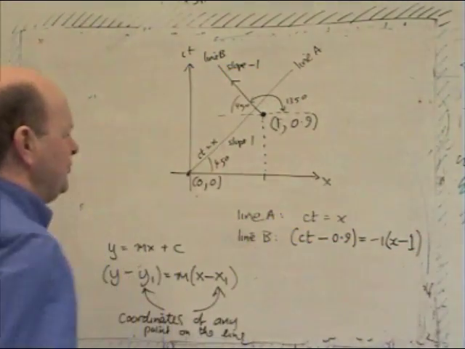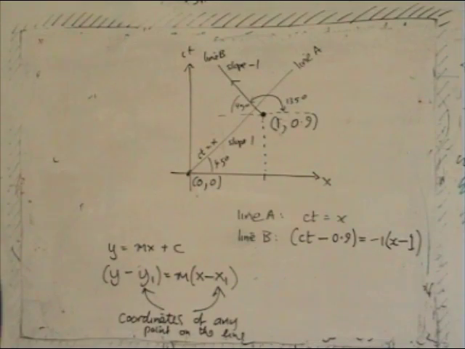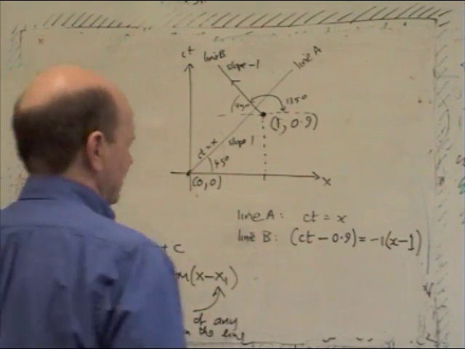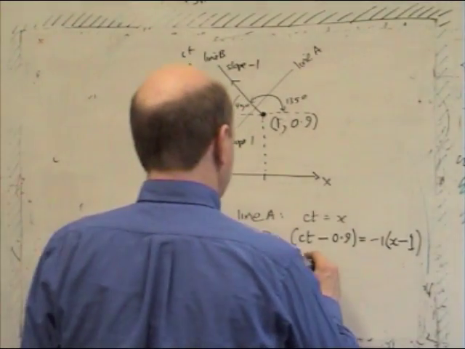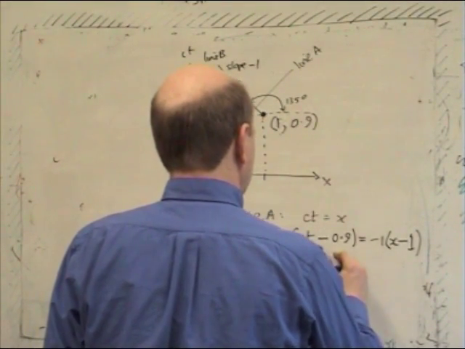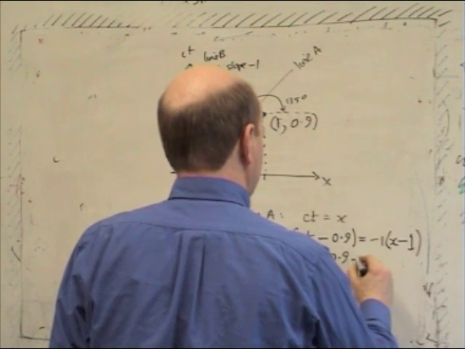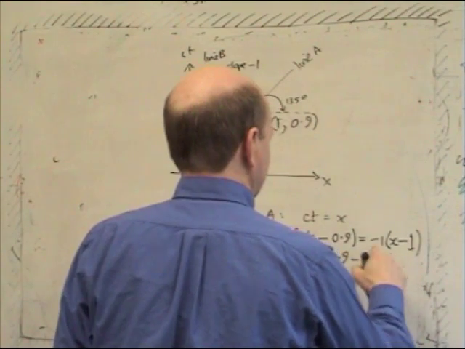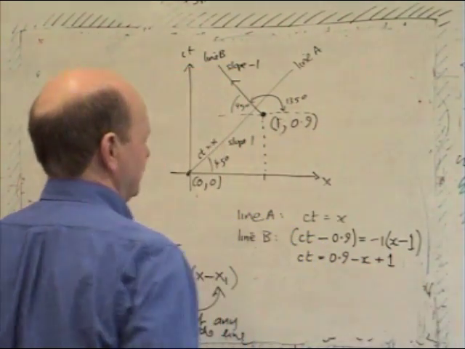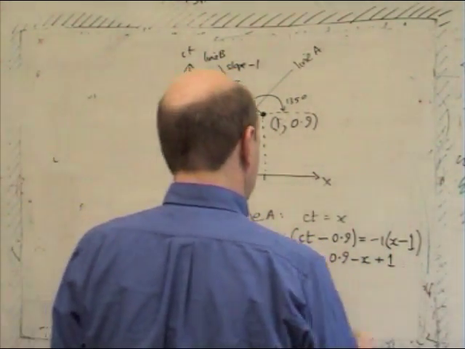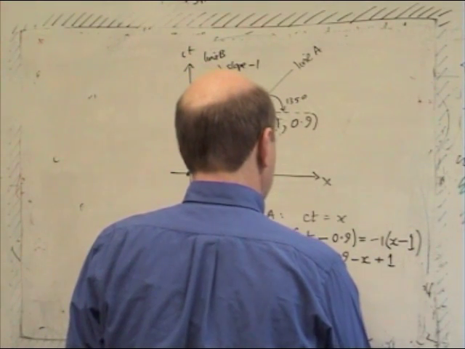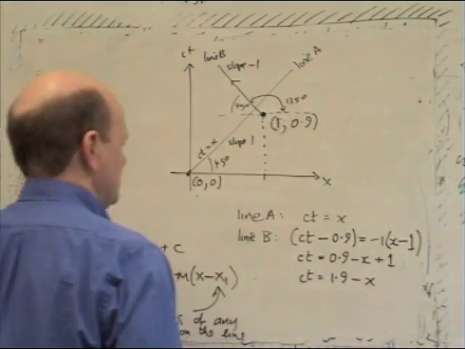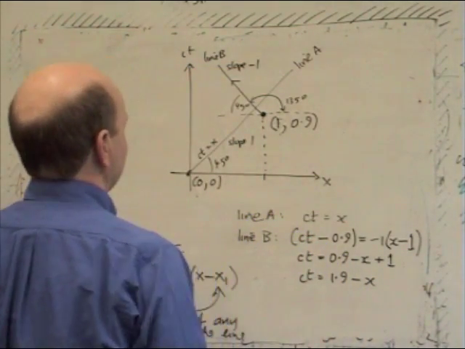So ct minus 0.9 equals -1 times (x minus 1) is the equation of line B. Rearranging the equation, you get ct equals 0.9 minus x plus 1, because the -1 slope multiplies by the -1 in the bracket to give you +1, or ct equals 1.9 minus x. So that's the equation of line B.